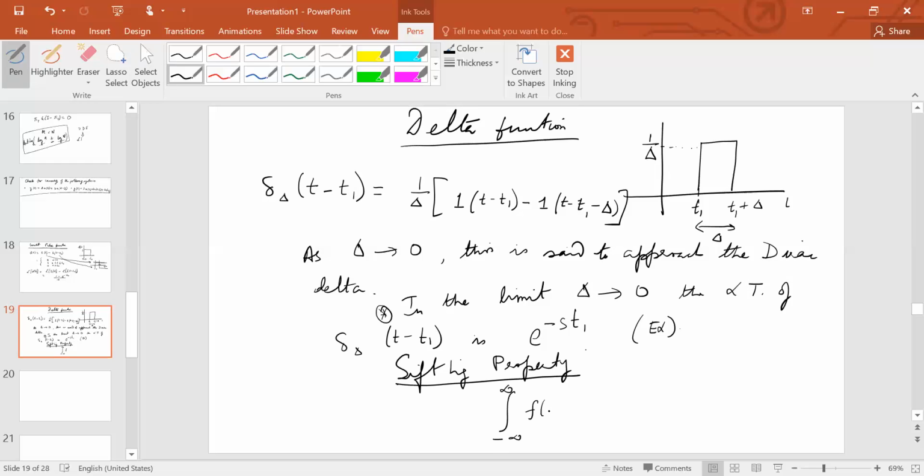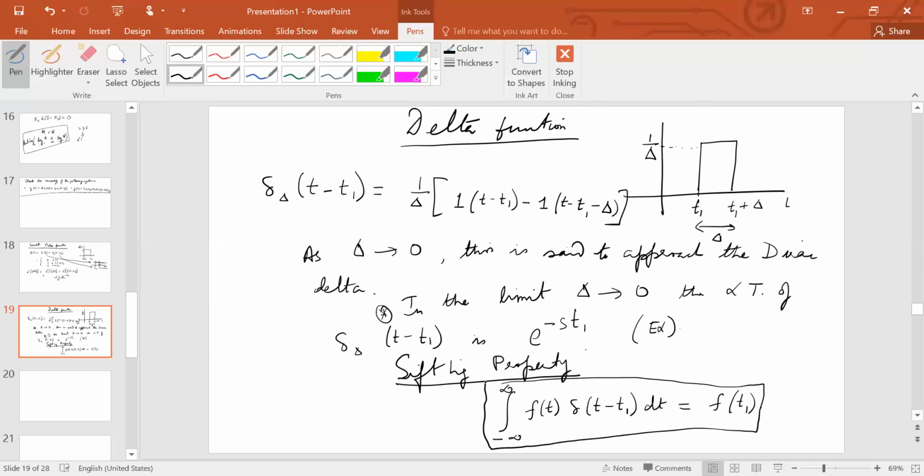So for any function f of t, the integral with the delta is nothing but, it picks out, it sifts the value of the function at t equal to t1. So this in fact can be treated as a sort of definition of the Dirac delta function.